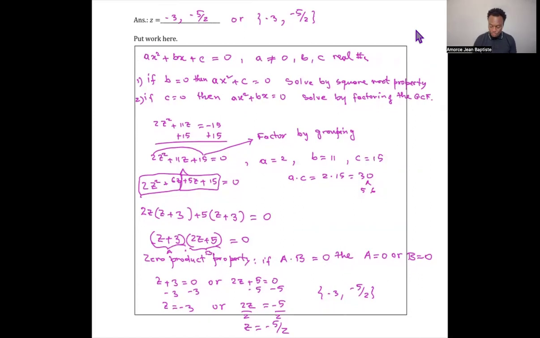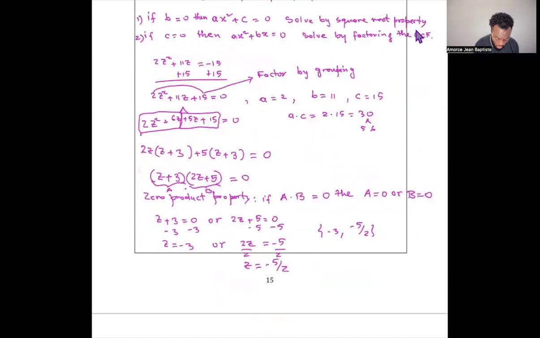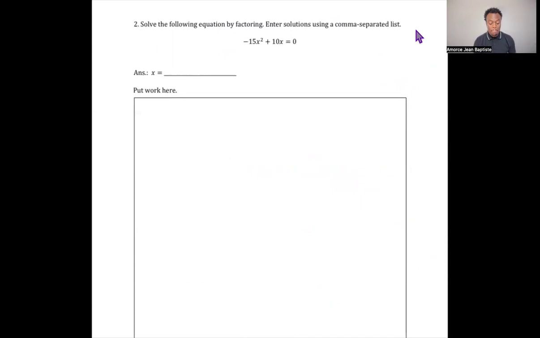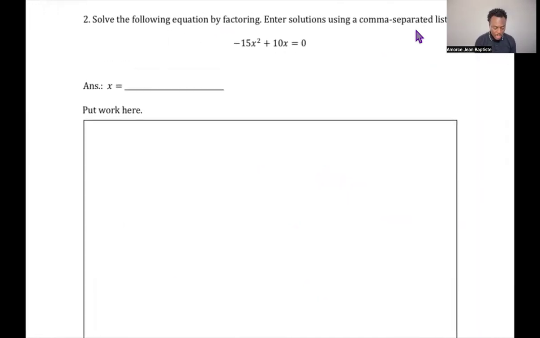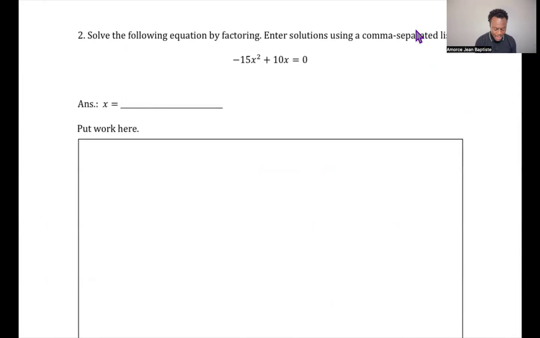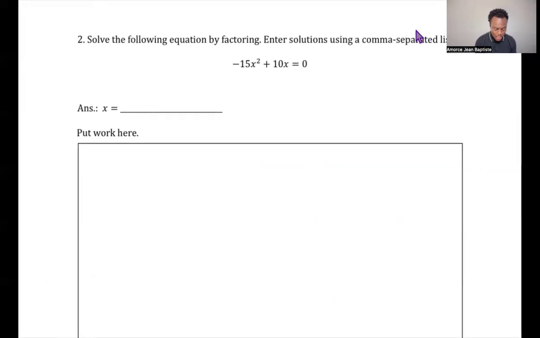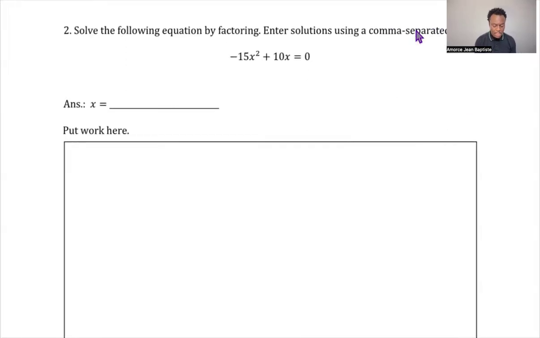Next problem. Next problem here is another situation where we have to solve a quadratic equation. But in this case, the quadratic equation has two terms. Now, when you have two terms, it means that A or C or B, one of them is 0.